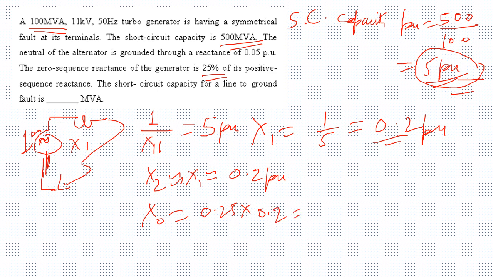If you calculate this, it comes out to be 0.05 per unit. So now x0 is known to us, and when x0 is known, we can calculate our short circuit capacity when a line to ground fault occurs. So let us proceed for that.